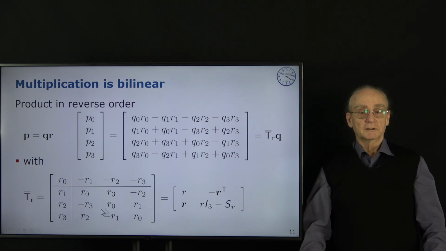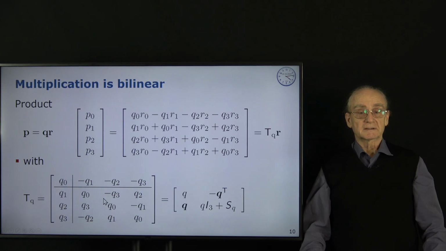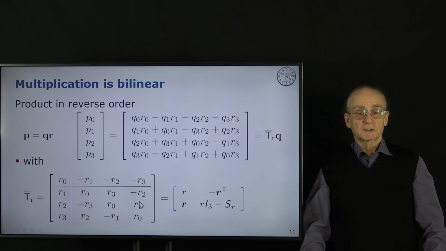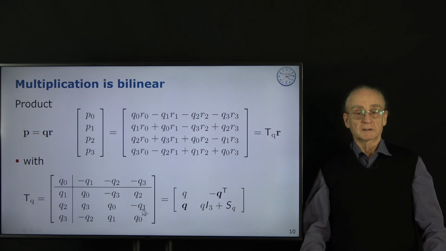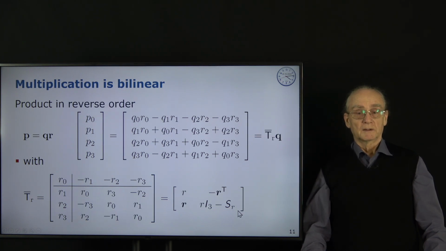So actually the matrix looks nearly the same as this one. You see here plus, minus, minus, minus, plus the vector. On the diagonals are the scalar parts, but this skew-symmetric part has opposite sign. So we have here the classical plus S(q), and here we have minus S(r).